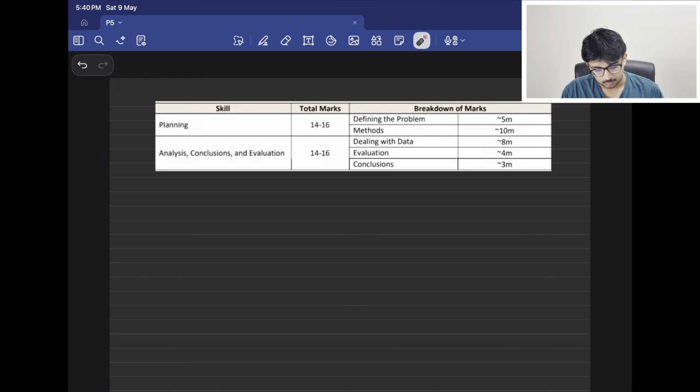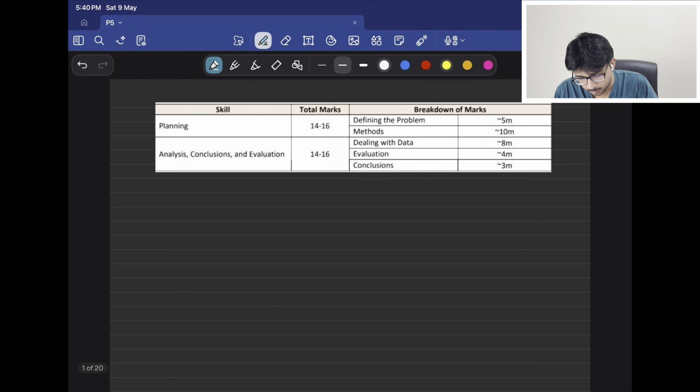All right. Now, when we talk about paper 5, I personally believe that paper 5 is divided into two parts. Now, I'm not talking about the division of questions that, let's say, there's a question one, there's a question two. I'm not talking about that. I'm talking about the content in the paper. When you're studying the content in the paper, what's going to come in the paper, you can divide that content into two parts.